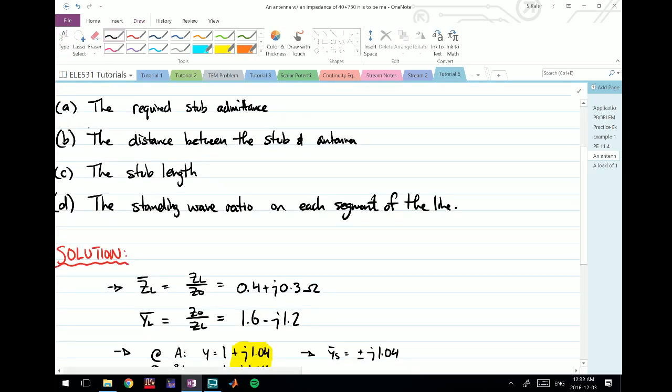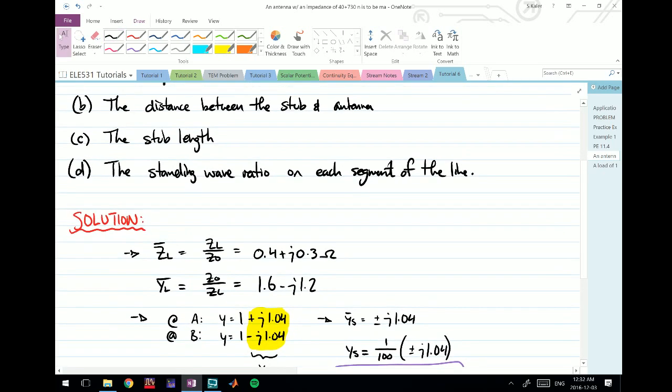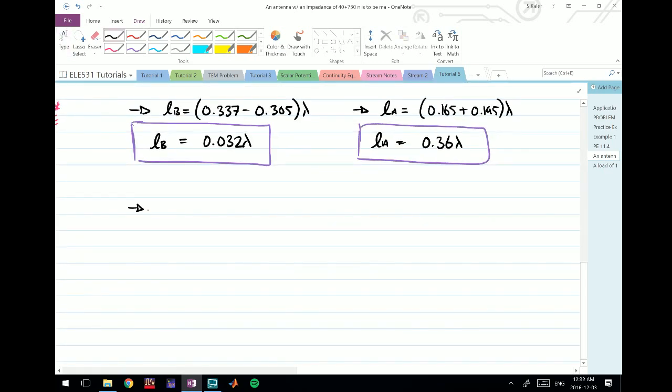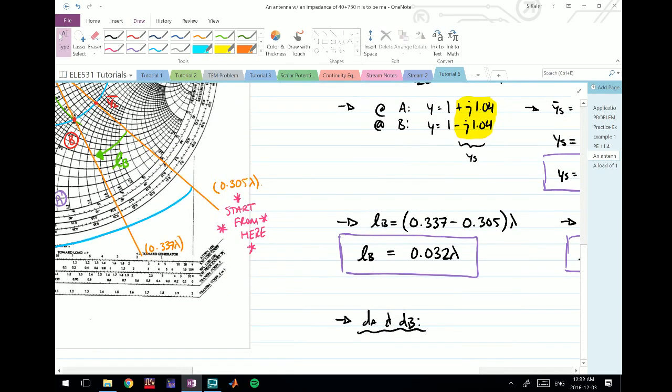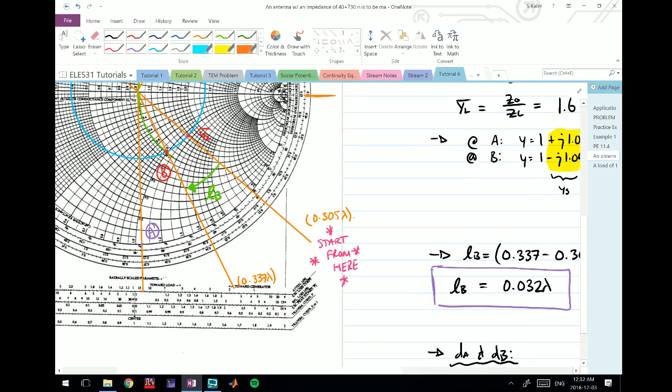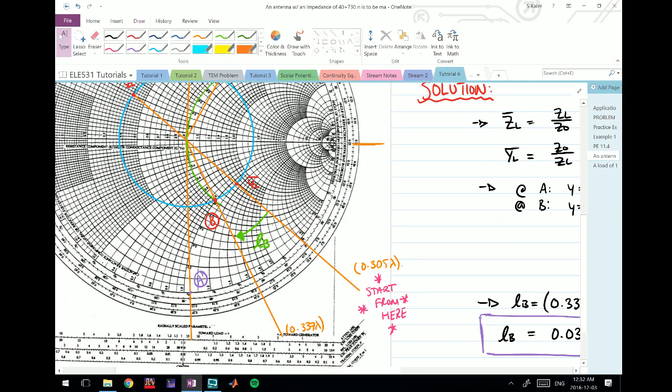So we found there the distance between the stub and the antenna. There could be two possible distances. Now we want to find the stub length. So the stub lengths are dA and dB. Now how do we find this? If you go back to that Smith chart stub tuning methods video, you'll find that to find dA and dB, I need to take the distance from PSC.